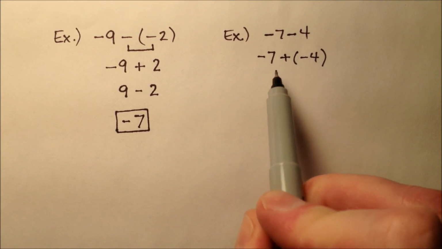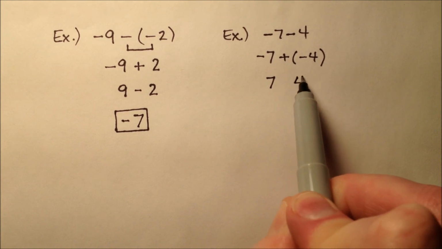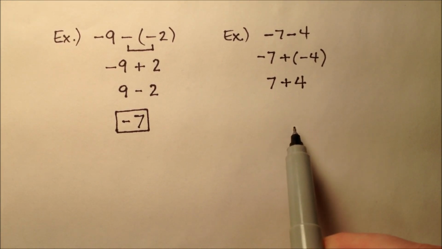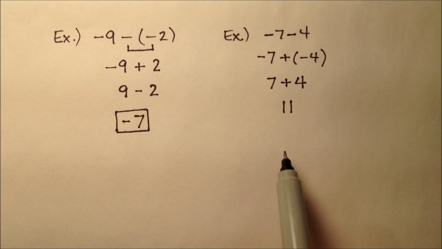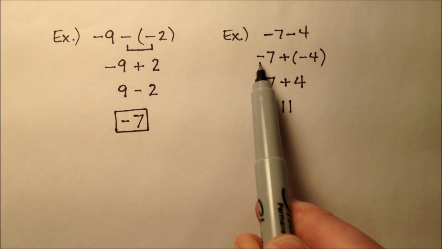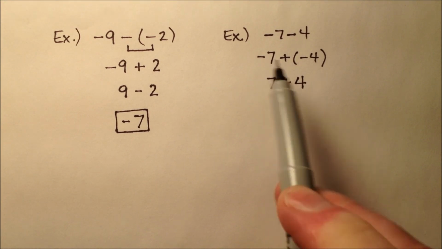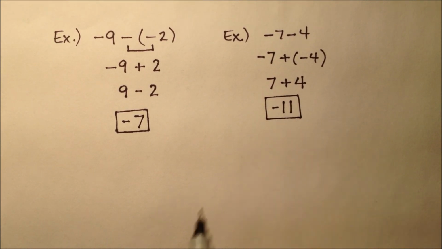The absolute value of negative 7 is 7, and the absolute value of negative 4 is 4. I'm going to add them, and I get 11. Now I'm going to keep the sign of the larger. 7 is larger than 4, and 7's original value had a negative in front of it. So that negative is going to stay, and my final answer is a negative 11.